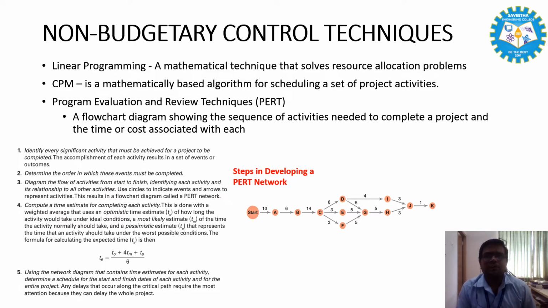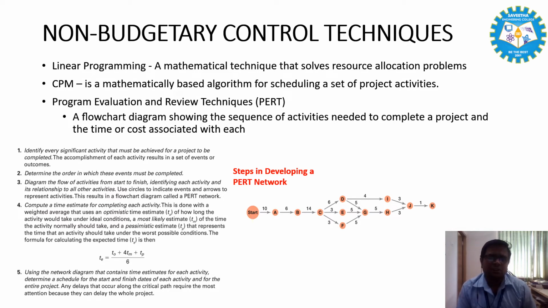In CPM, two time estimates are made: normal time and expedited time, or crash time. The normal time is at a normal cost equal to capital N. This cannot be reduced irrespective of how long the activity completion time is extended. At additional expenditure, however, the expected time can be shortened.